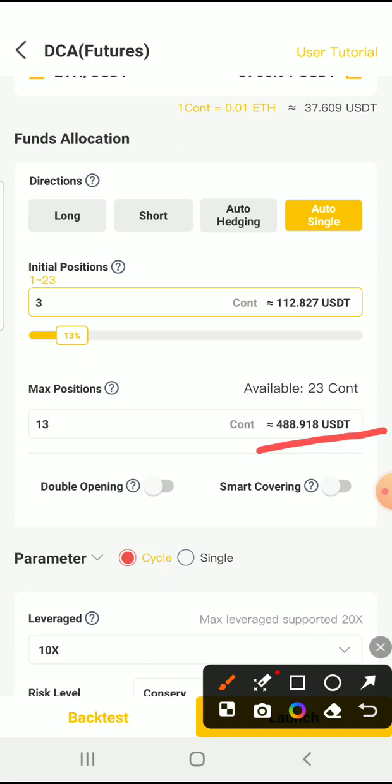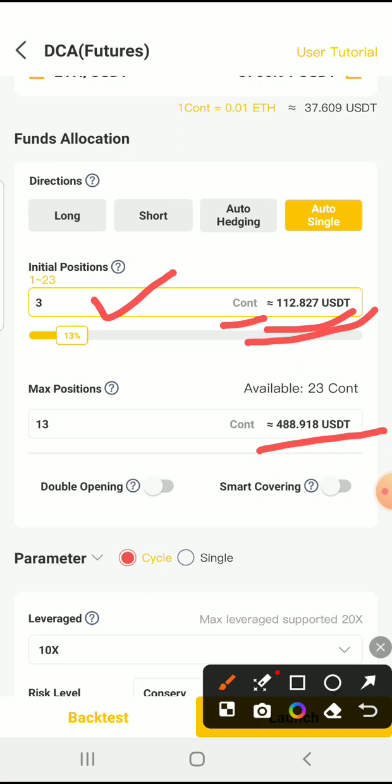Now we have 488. Okay, and the initial position is 112, which is the equivalent of 3 contracts. So that means that we are going to launch $112 of this Ethereum.